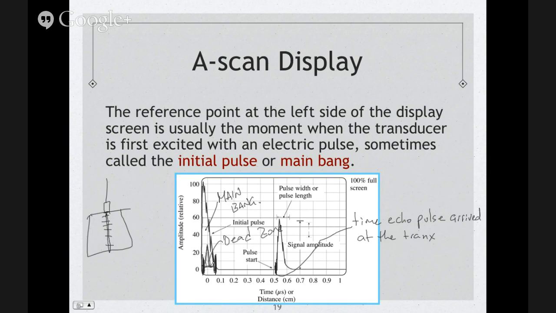So you're not going to see any indications in this area unless they go way out of the main bang, but they're probably going to be so close that you won't even see them. Okay.